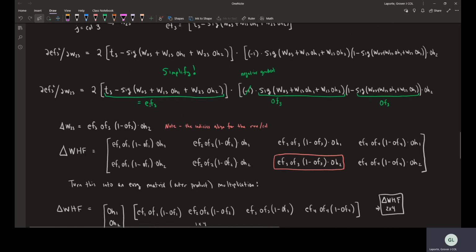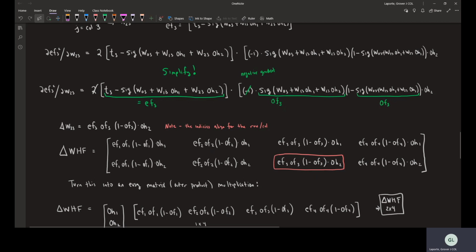Okay. So now we got to simplify, right? So the cool thing about this is it sort of just simplifies out into something very, very easy for us to take care of. The first thing is I don't really care about the 2, and I guess I didn't mark that off, but I'm not really concerned with the 2 here because I have a learning rate, and I'm not really upset that there's a 2 running around on there. We also find that T3 minus the sigmoid function of this thing is just EF3.